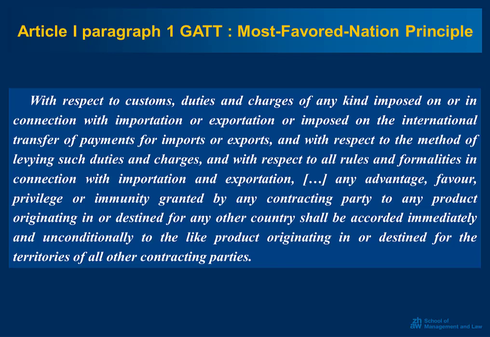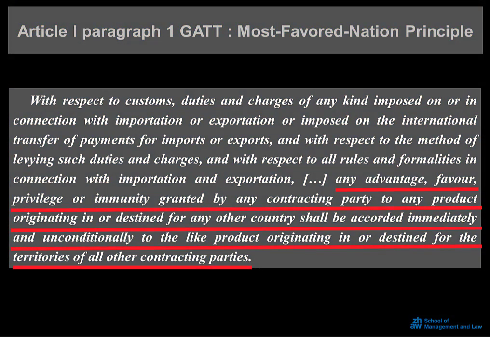Again, rather complicated, difficult to understand. What does it mean? Let's try to find out about the key messages. In order to find the key messages, we should concentrate on the second part of the provision.